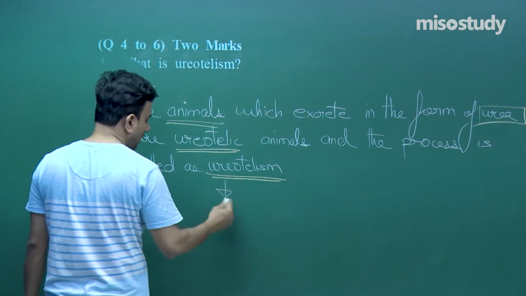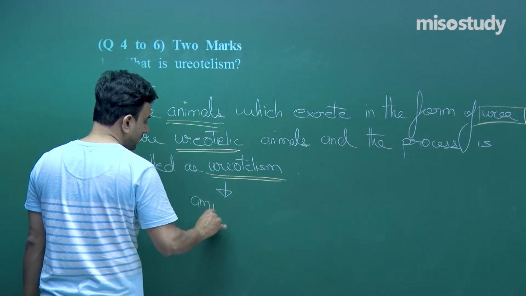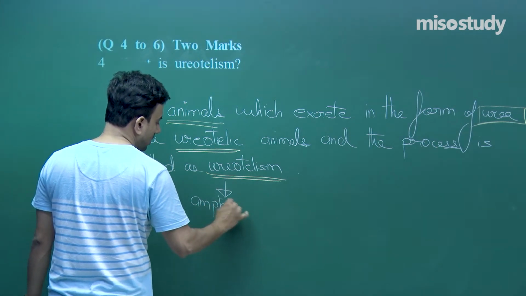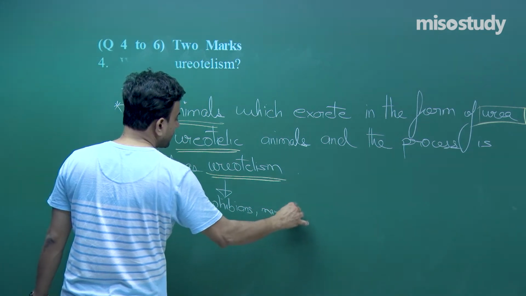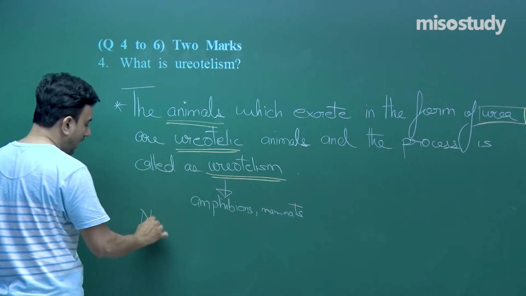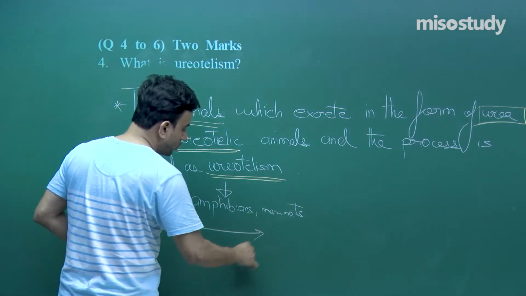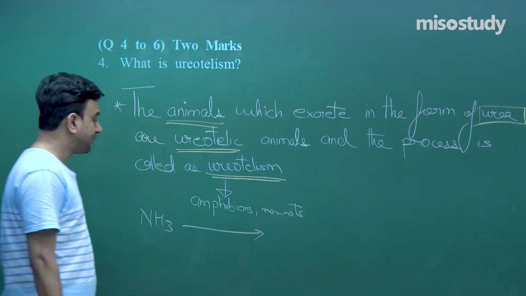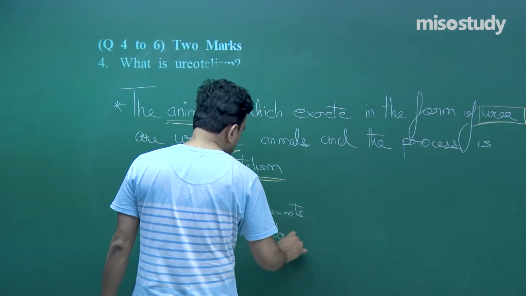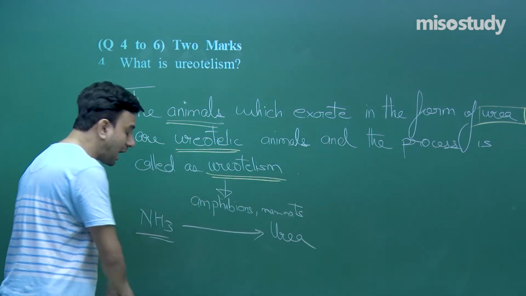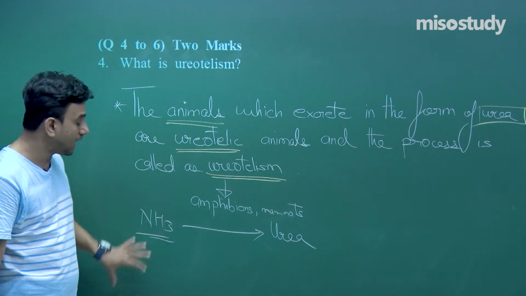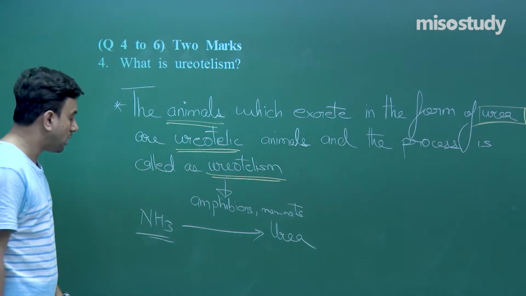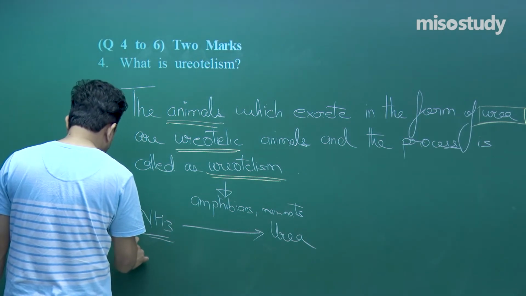Examples are the amphibians and the mammals. So, what is happening basically is that ammonia is getting converted to urea. Why? Ammonia is highly soluble in water, and hence for its removal a lot of water will be required.